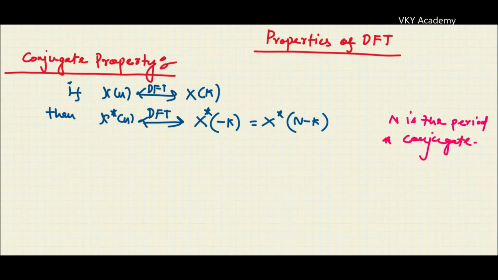So X star of minus k can be written as X star of capital N minus k. This we discussed already in the periodicity property. Okay, so let us prove this statement.